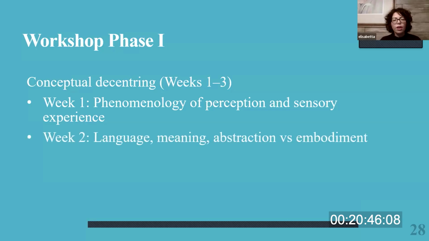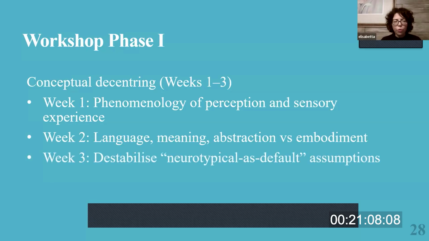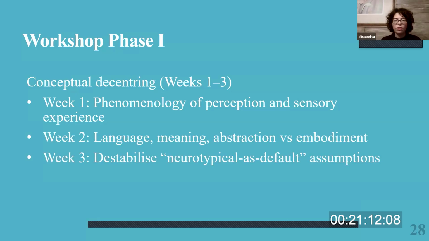The second week is about language, meaning, abstraction versus embodiment, and how all these terms are related, of course with the help again of philosophy. So we'll reflect on how these terms are related to each other, how we use language, and so on. And in the third week, we will try to destabilize neurotypical default assumptions.